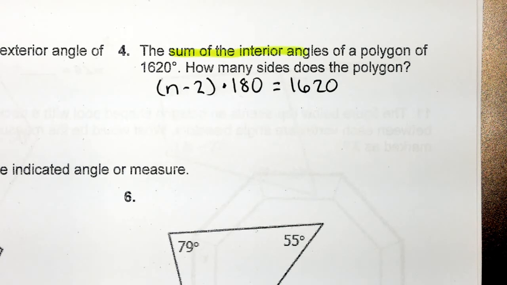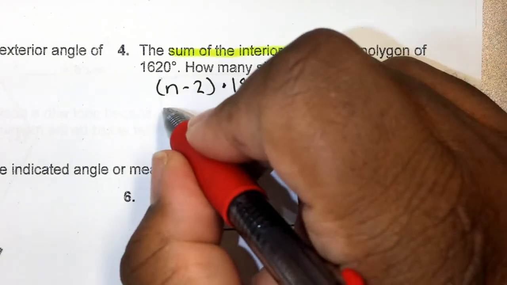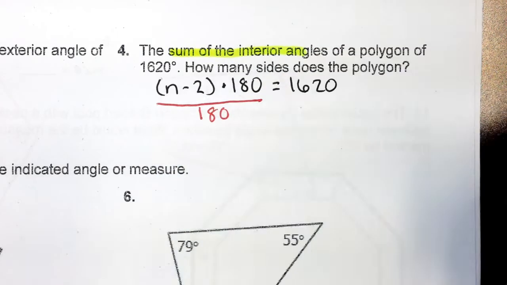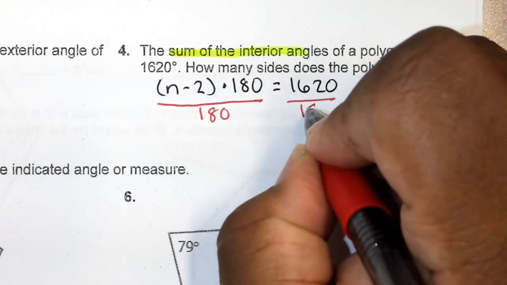And then from there, I'm going to solve an equation. We're in Unit 5 now. We should be real tight on our algebra. On this equation, let me tell you what I see. It's n minus 2 in parentheses, so I have to respect that. And then it's times 180 equals 1620. The first thing I would do is divide by 180 to get this 180 away from there. I'm solving for n.